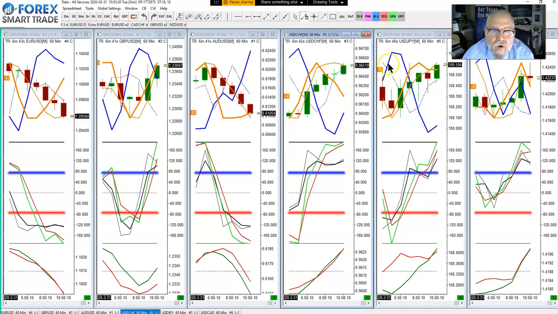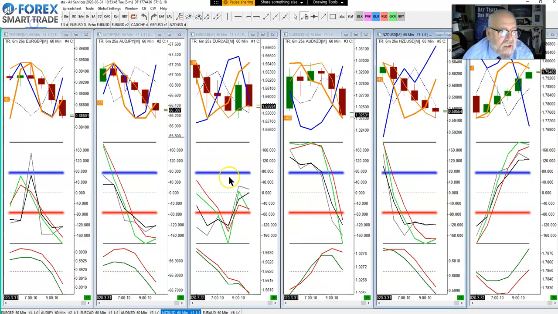Dollar franc, no. It's minus 56. Dollar yen minus 12, almost, not quite though. And US Canadian minus 29 is no. Let's see if we got anything else here.